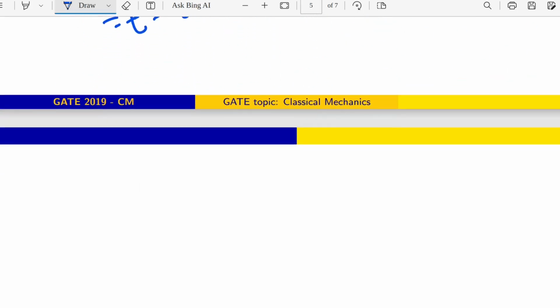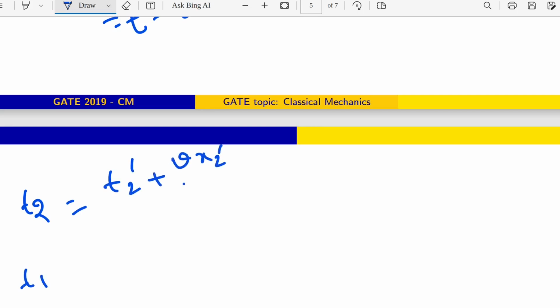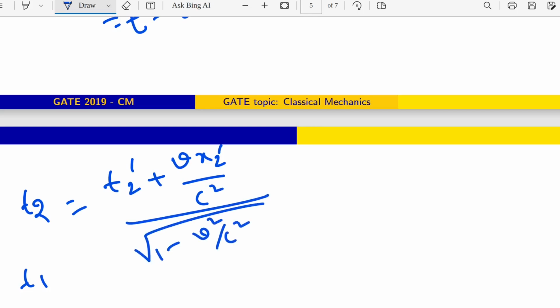First of all, we will write the expressions for t2 and t1. T2 is t2 prime plus v x2 prime by c square, divided by root over 1 minus v square by c square.